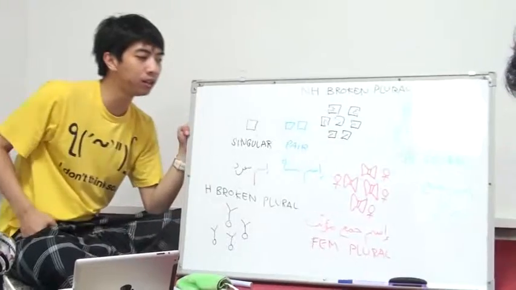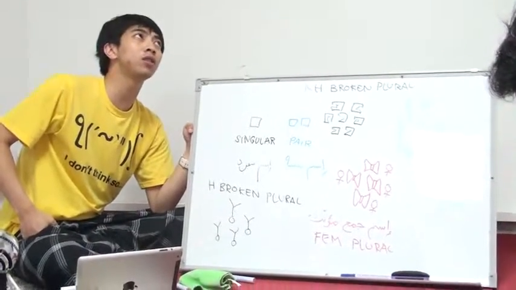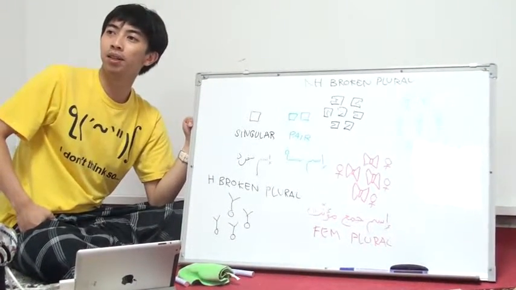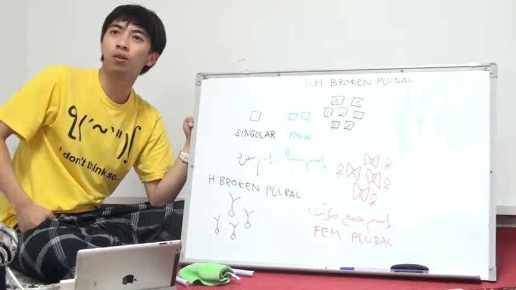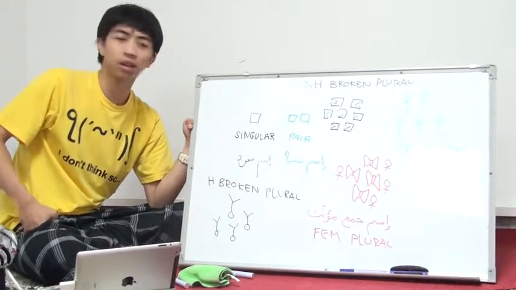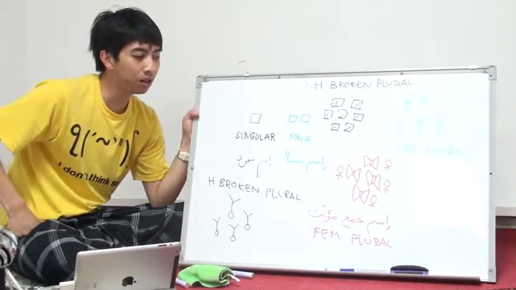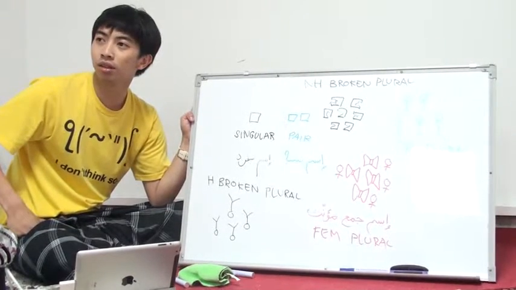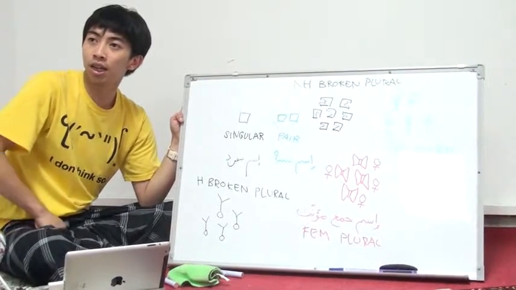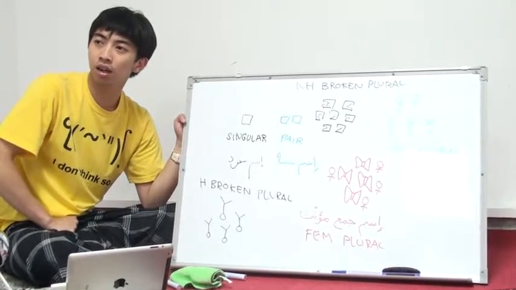Again, for feminine plural, it has not only to be people, but it could also be non-people or non-human. How to distinguish whether some ism is feminine plural? By its ending combinations. What is its ending combination?